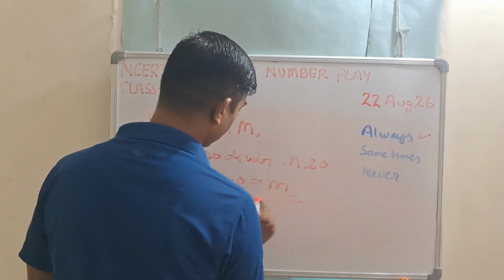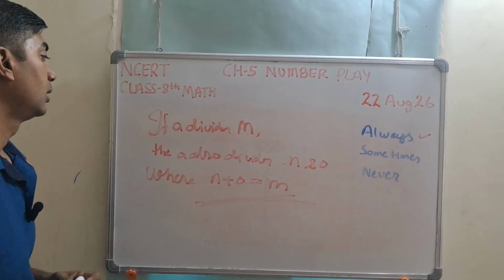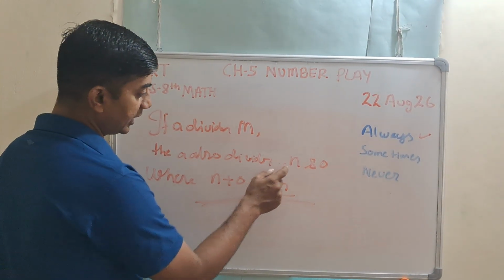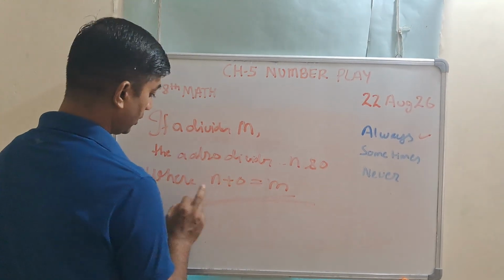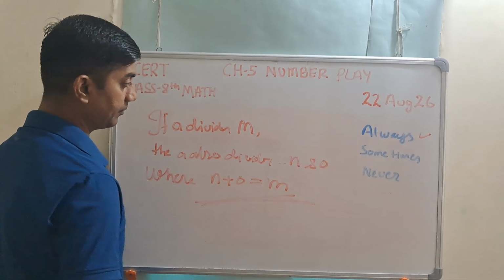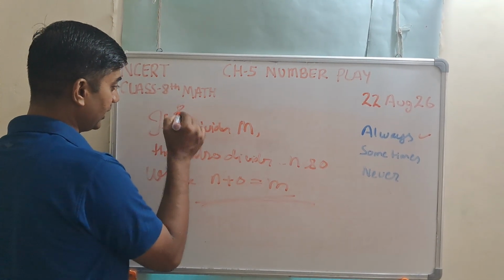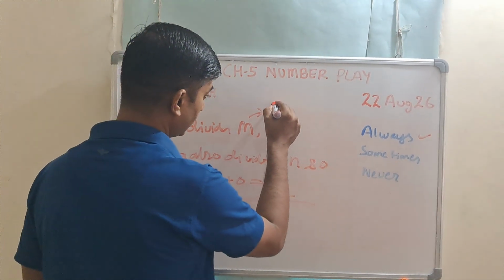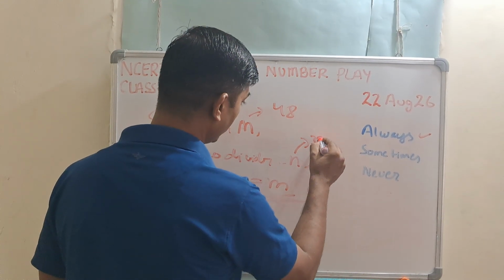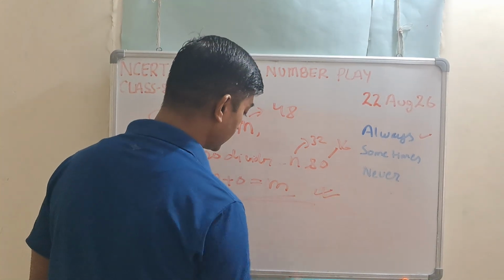Now, can you understand this statement? We have seen the case where a is 8, m is 48, n is 32 and o is 16, and in this case our result is valid.